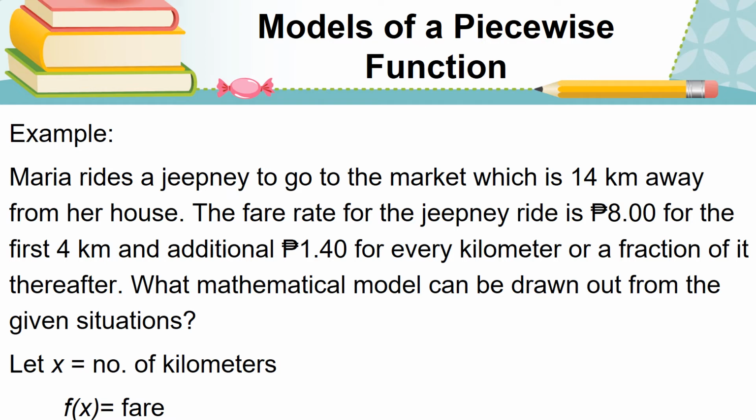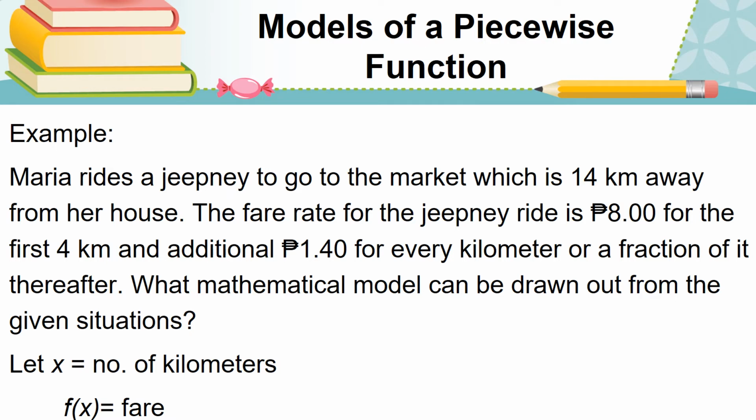Okay, for example, Maria rides a jeepney to go to the market, which is 14 kilometers away from her house. The fare rate for the jeepney ride is 8 pesos for the first 4 kilometers and an additional 1.40 pesos for every kilometer or a fraction of it. What mathematical model can be drawn from the given situation?